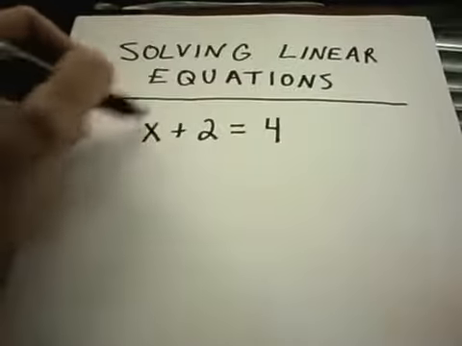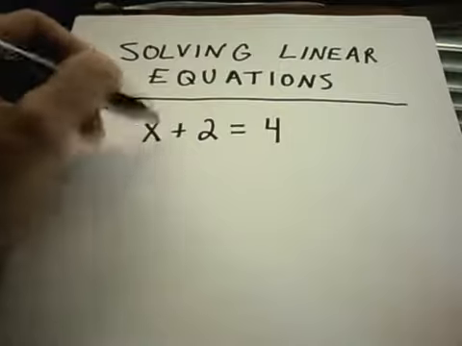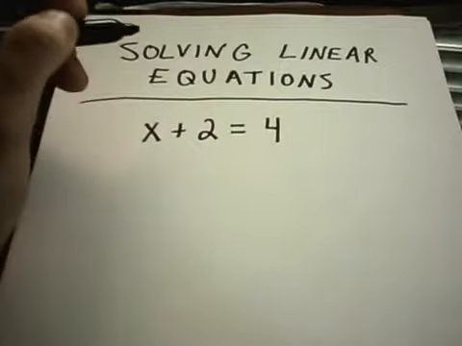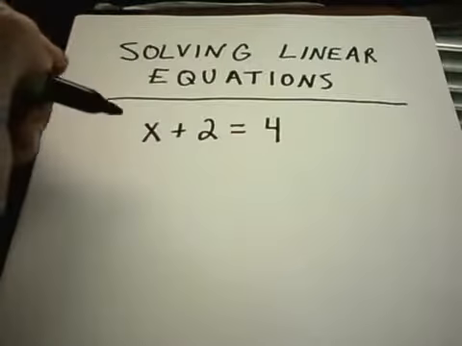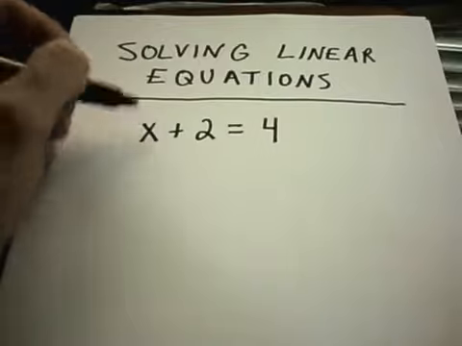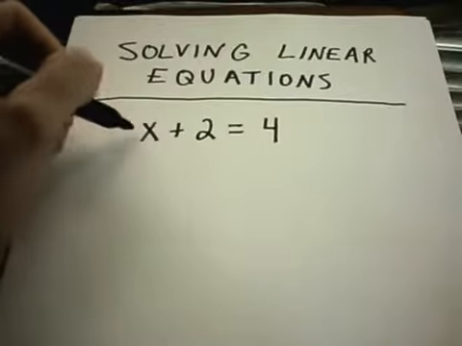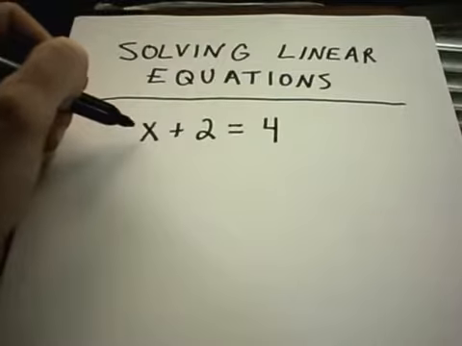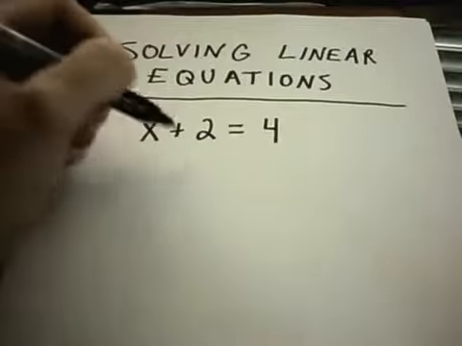So in this case, it's probably pretty easy to guess that x equals 2, but the point of these problems is you want to learn the mechanics on how you go about doing the problem. Because when you can't guess the solution, you'll still have these mechanical, algebraic ways to go about solving the problem.